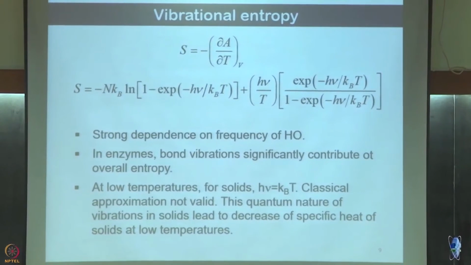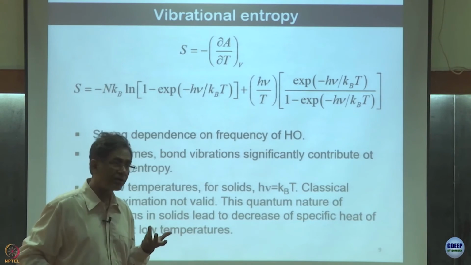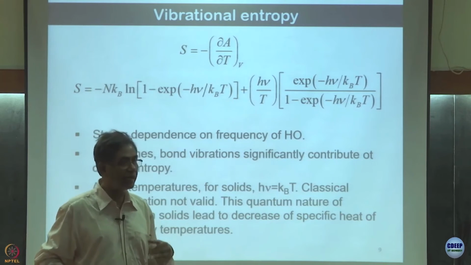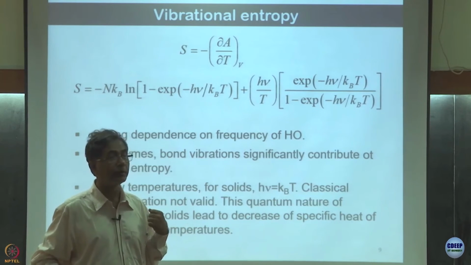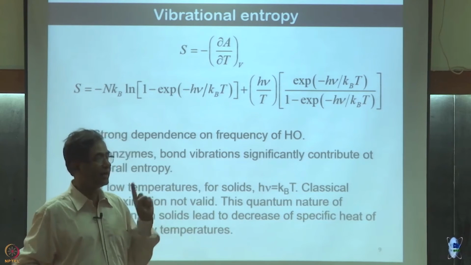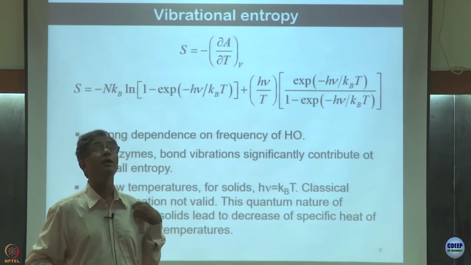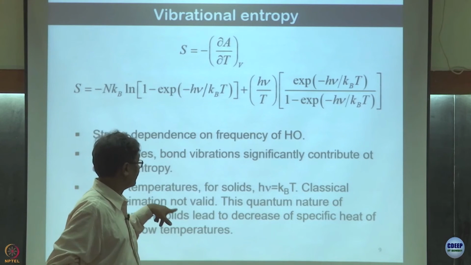What is the asymptotic, what is the Dulong-Petit law? Dulong-Petit law tells the specific heat of a solid is equal to 3R, very, very good, 3R. 3 by 2 comes from translation, and 3 by 2 from vibration. Okay, we will derive that in a minute.